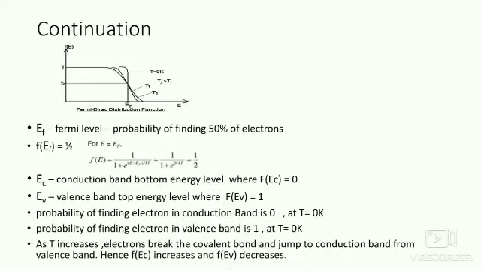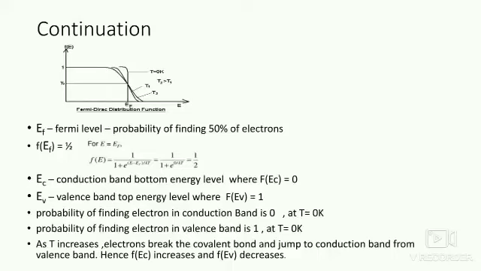The bottom energy level of conduction band is called EC, and the top energy level of valence band is called EV, where f of EC, that is probability of finding electron in the bottommost level of conduction band, is given as 0, and f of EV, that is probability of finding electron in the valence band, is equal to 1, because at T equal to 0 Kelvin for an intrinsic semiconductor, it is guaranteed that electrons will be present in the valence band, but it is not present in the conduction band until a temperature or any other external excitation is applied.